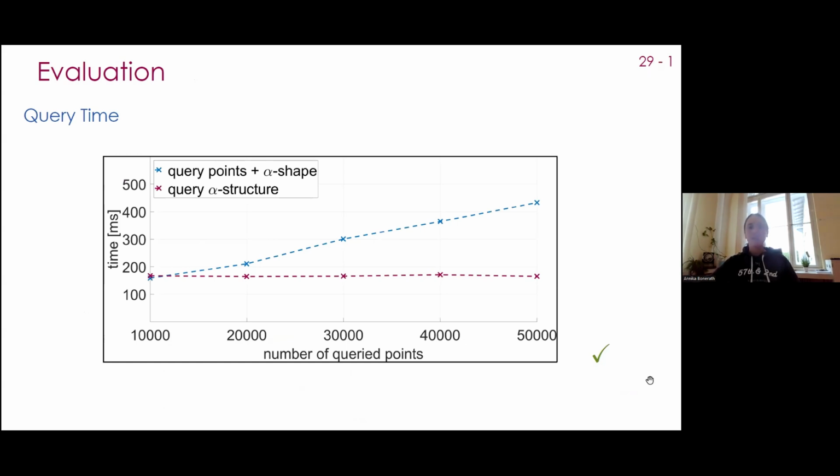But we can show that our data structure, so the pink line, is always, or nearly almost always, below the on-demand version. So especially for larger time windows where we contain a lot of data points, our approach shows to be stable, which is so important when you have these interfaces, that you can always rely on having a fast visualization.